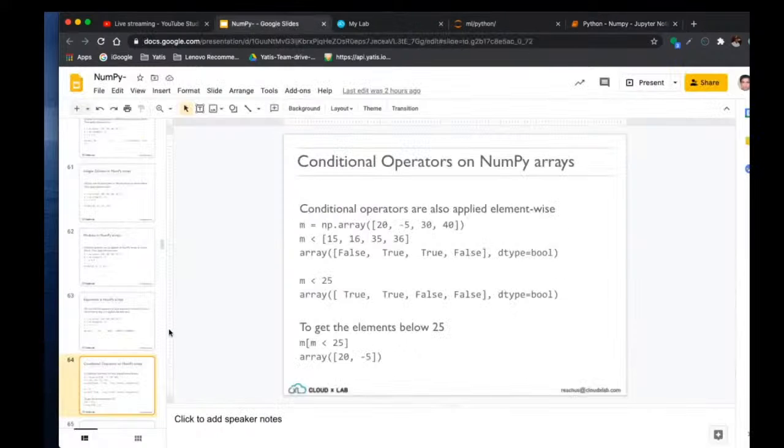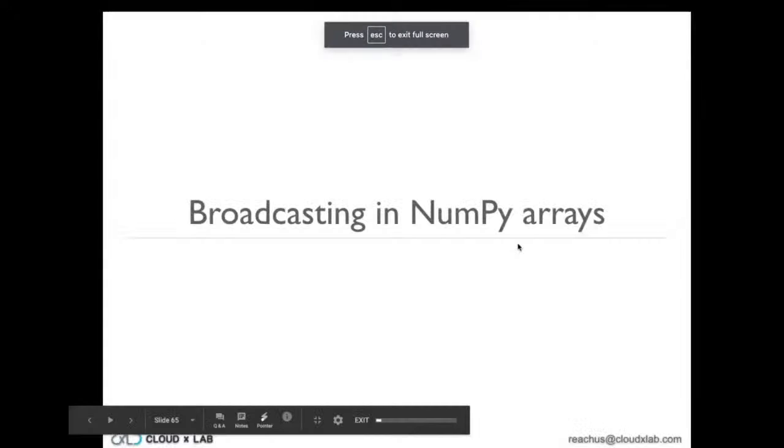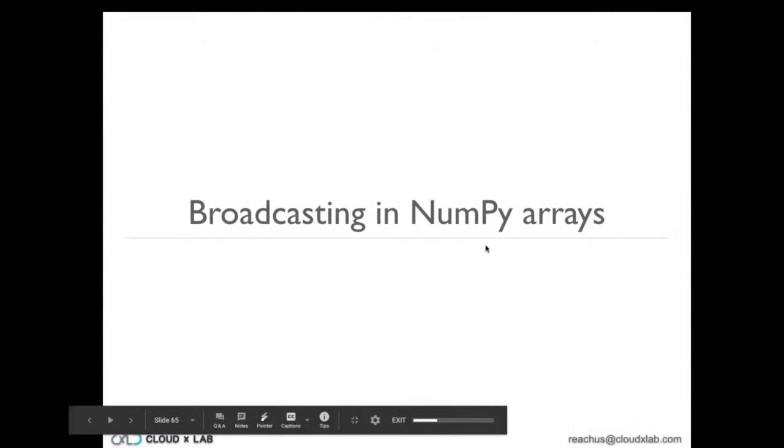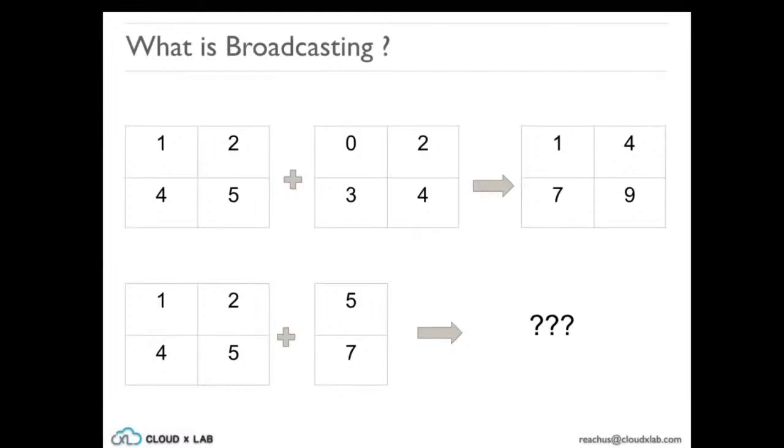Now let's look at an interesting concept called broadcasting in NumPy arrays. So what is broadcasting? We've seen element-wise addition, where if two arrays have identical ranks and the same shapes, it's very easy to do.